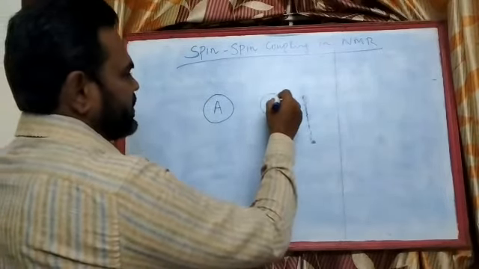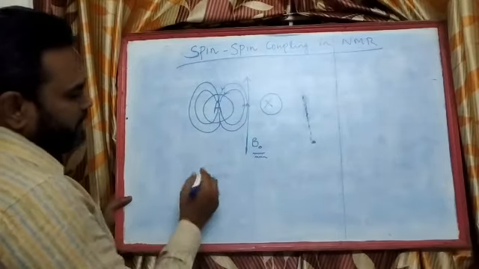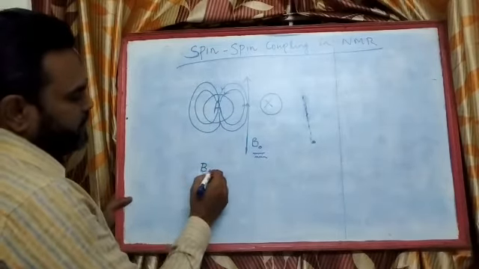This will be either aligned or opposed to the applied magnetic field. So the magnetic field experienced by this particular A is either B0 plus BA or B0 minus BA.